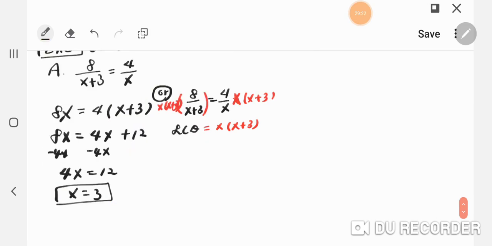Then we will have the same answer. On the left side, you can cancel out x plus 3, so 8x. On the right side, cancel out x, so 4 times x plus 3. See? So this equation is the same as this one, isn't it? Same. So starting from this, x equals 3.